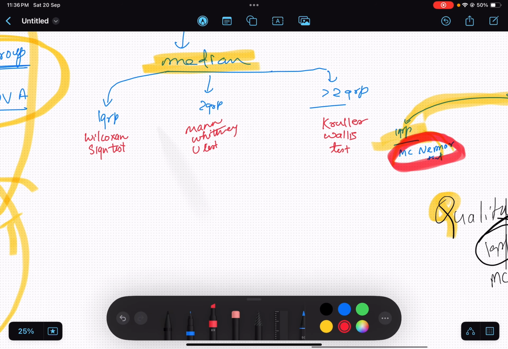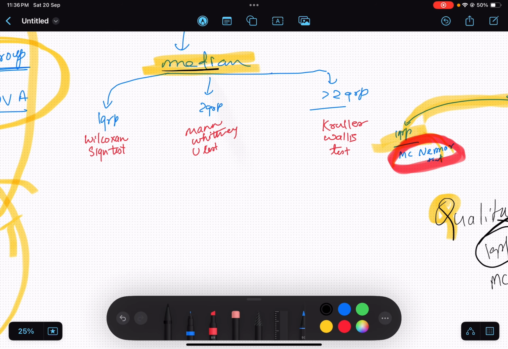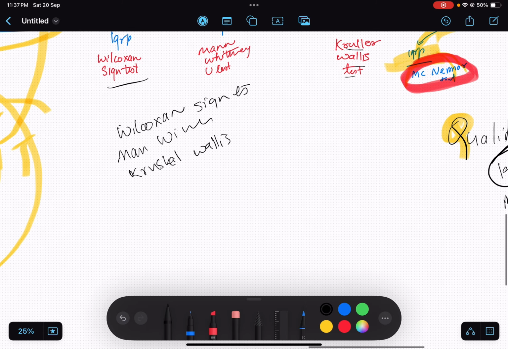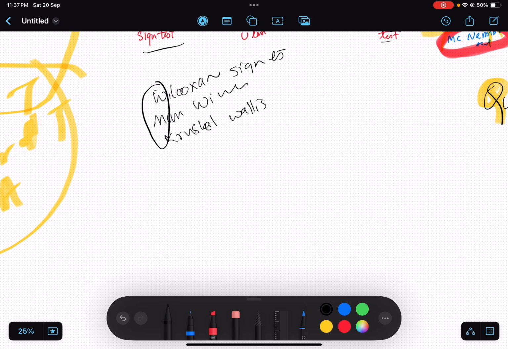And now come here. Here it is median. For one group, Wilcoxon sign test; for two groups, Mann-Whitney test; for more than two groups, Kruskal-Wallis test. Just learn these names by heart with me now. Wilcoxon sign test, Mann-Whitney test, Kruskal-Wallis test. Just remember WMK.